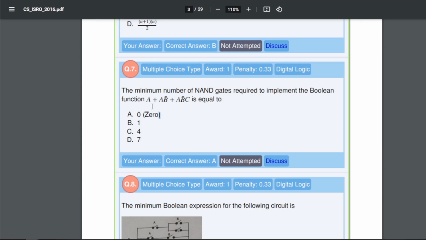Because if you solve this expression, A plus A B bar plus A B bar C is A into (1 plus B bar) plus A B bar C, which is A plus A B bar C. Taking A common, it is A into (1 plus B bar C), which equals A. So no extra gate is required.